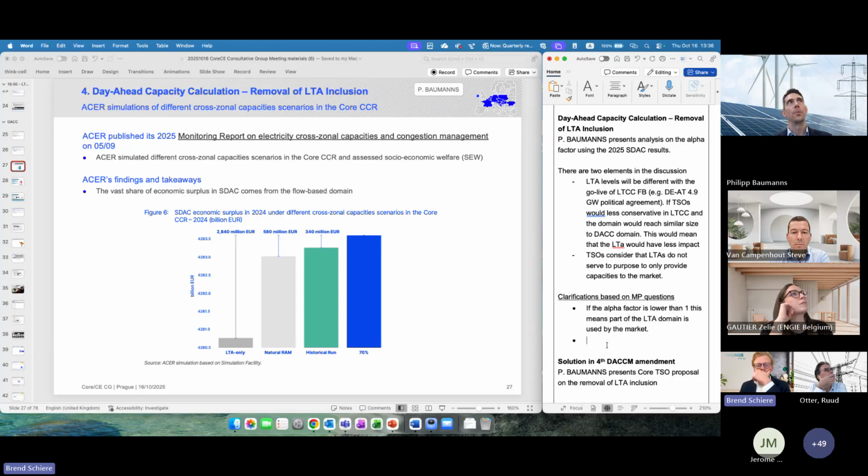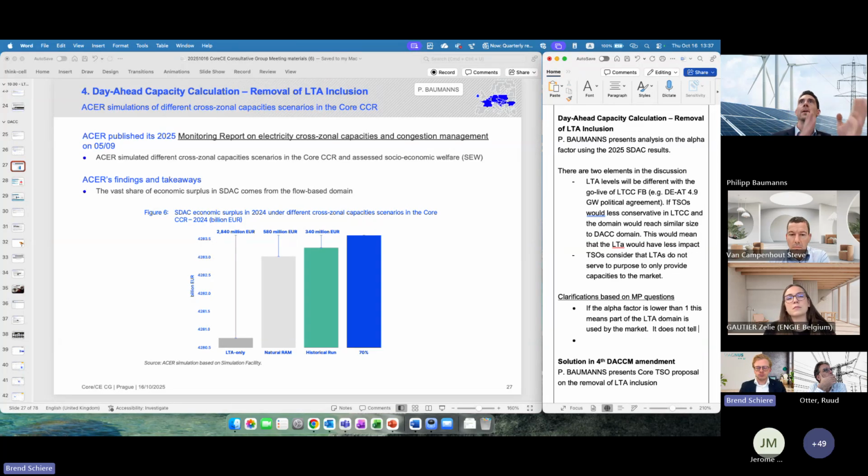One remark I want to make, because someone said in the question, on the slide before, that this graph shows that there's a significant influence. The alpha factor doesn't say anything about significance or what amount of the LTA share has been used. So we see that there is an influence, that I can agree upon.